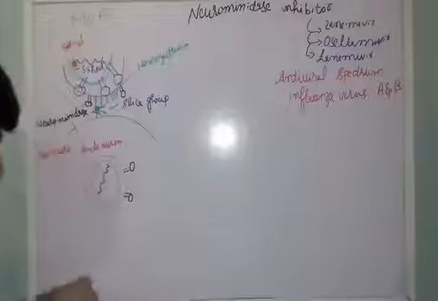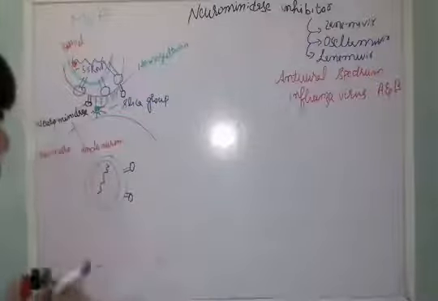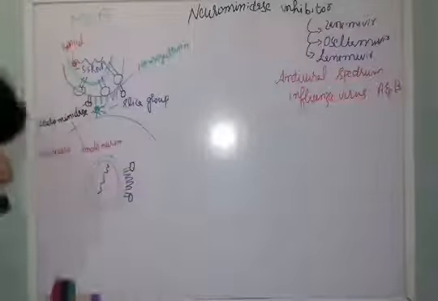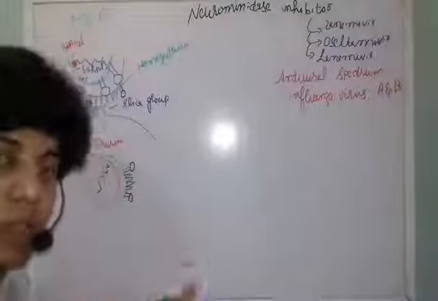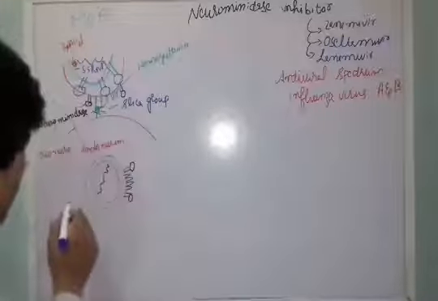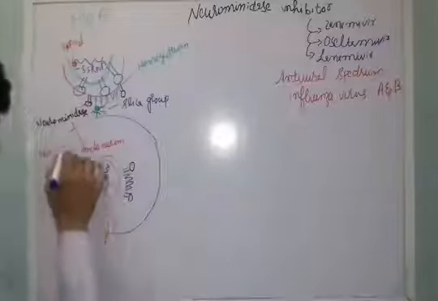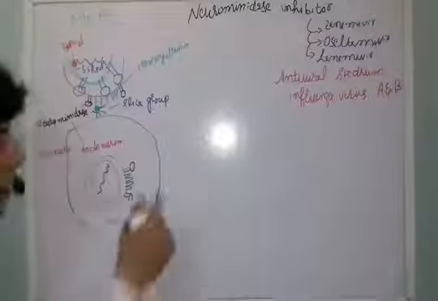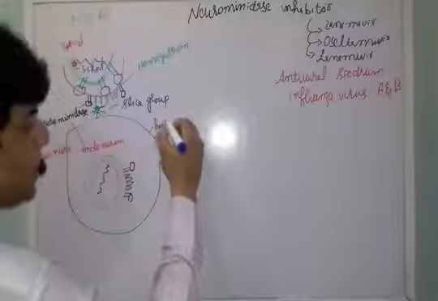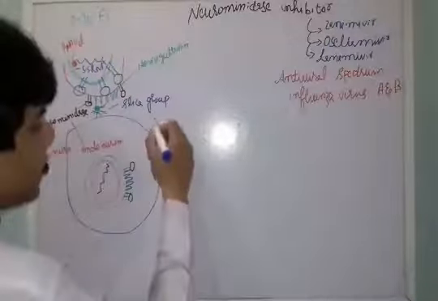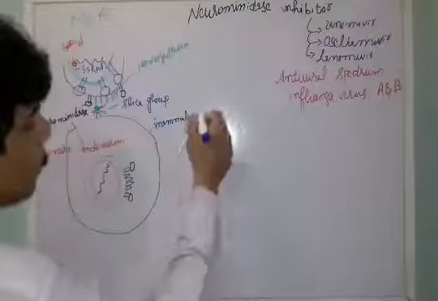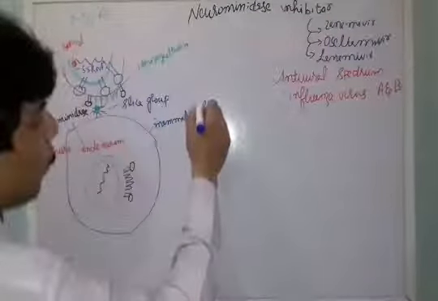With this neuraminidase enzyme, there is the hemagglutinin. So what happens after that? Once this neuraminidase enzyme is mature and formed inside the host cell, let me draw the host cell. Let's suppose this is the host cell. Now neuraminidase is formed inside the host cell. So this is the host, or we can say mammalian cell. Let me write here mammalian or host cell.